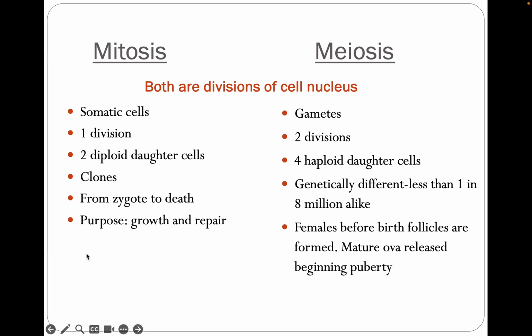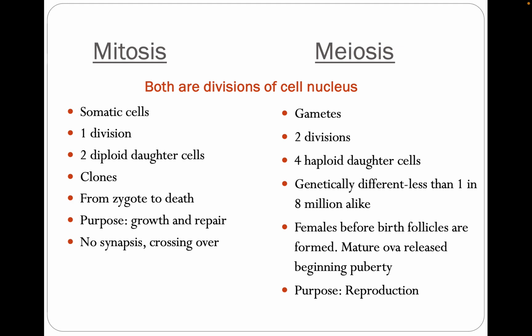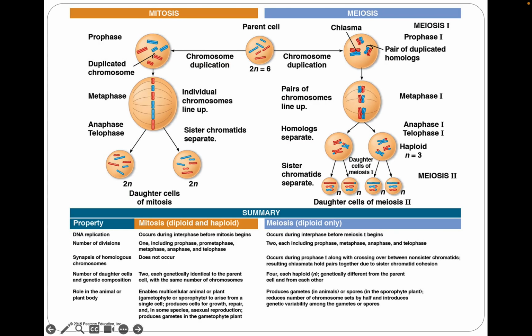All right, mitosis, the purpose is generally growth and repair. The purpose of meiosis is for reproduction. Mitosis does not have synapsis and crossing over. All right, I think we've already seen these images earlier.